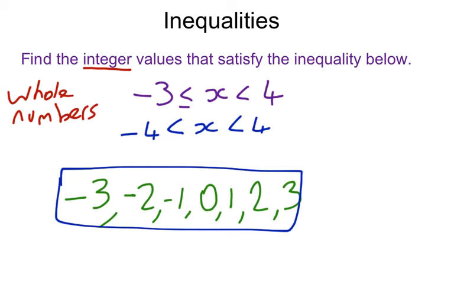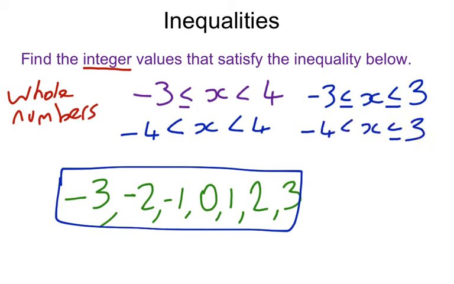We could also have had -3 less than or equal to x less than or equal to 3, because that one was the same as the first one but would include 3. And finally, we could have -4 less than x less than or equal to 3. All four of those inequalities would give the same set of integer values.